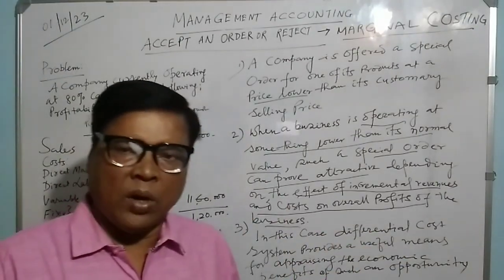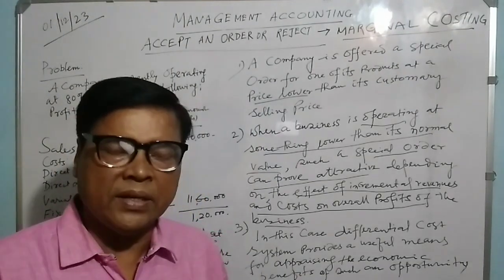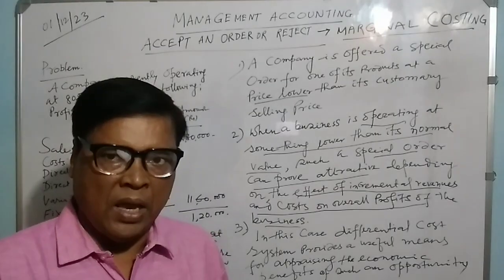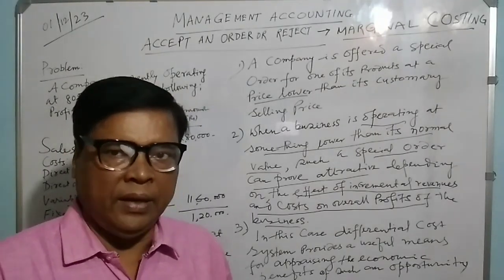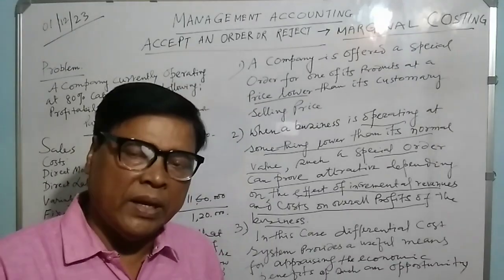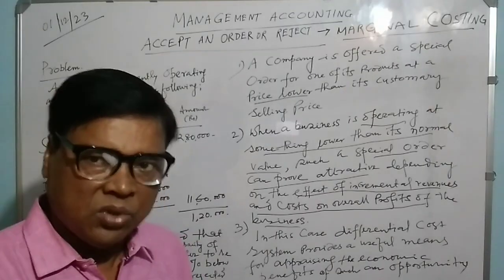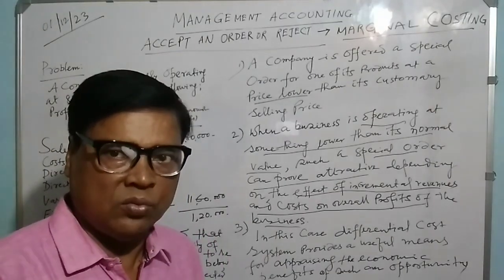Whatever decisions you take in the interest of your organization, ultimately it should add more value as well as increase your profit. So that is the option you have to choose.